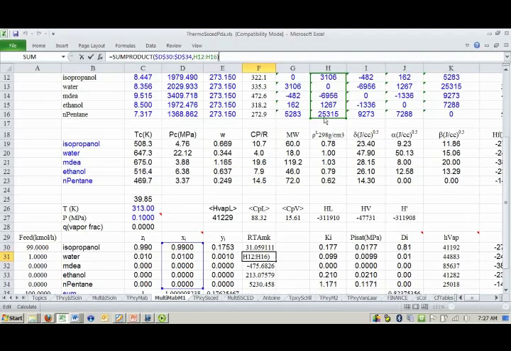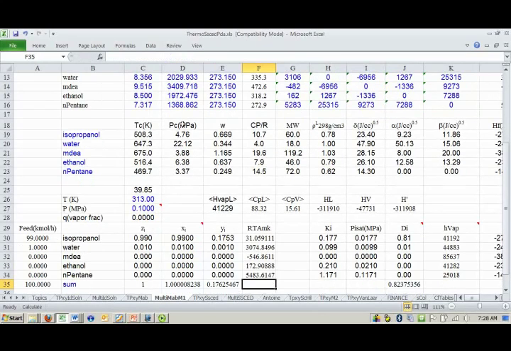But what I can do is grab that column there and move it over. It's kind of a cute trick. The original Excel couldn't do that. That was back in 1995.